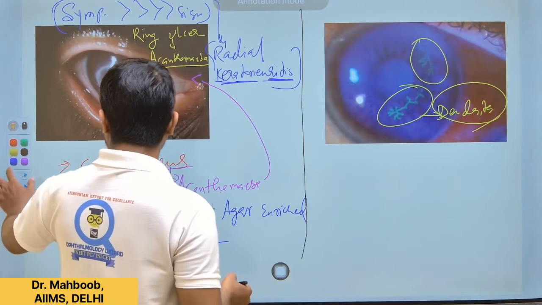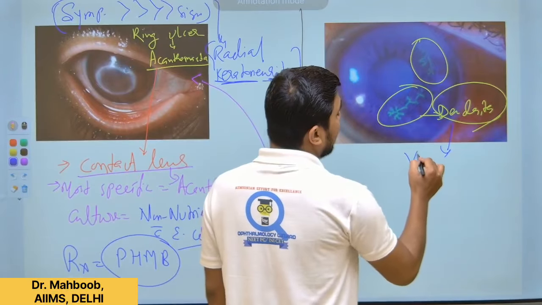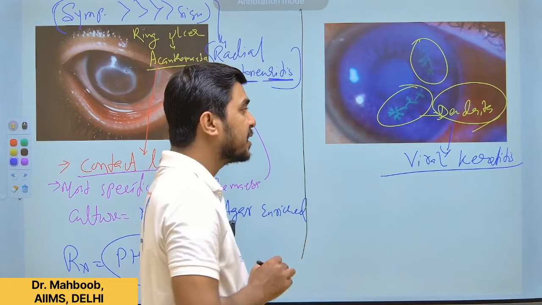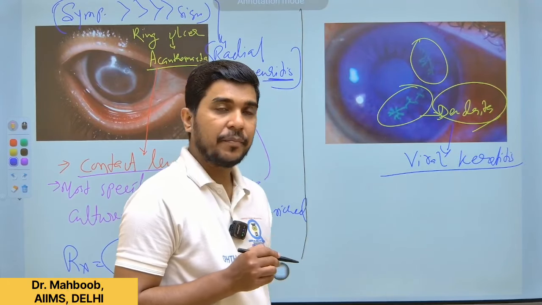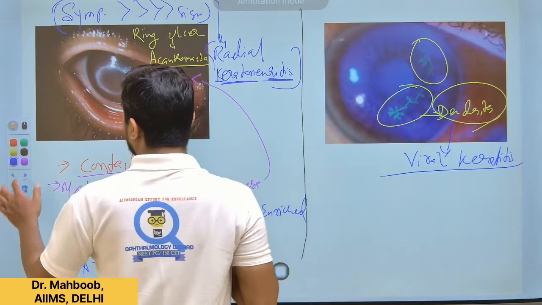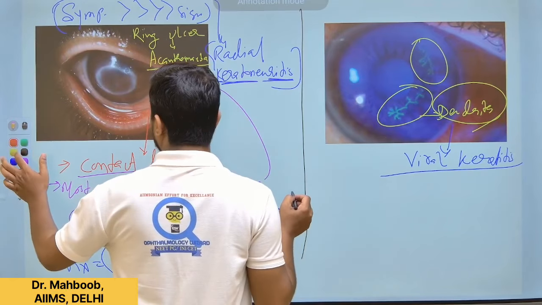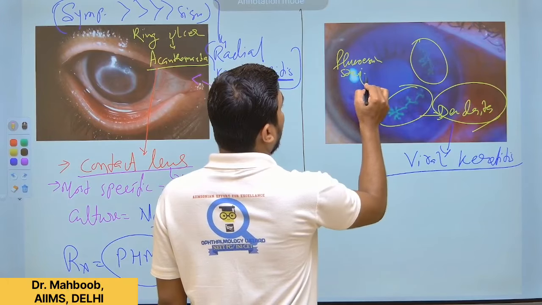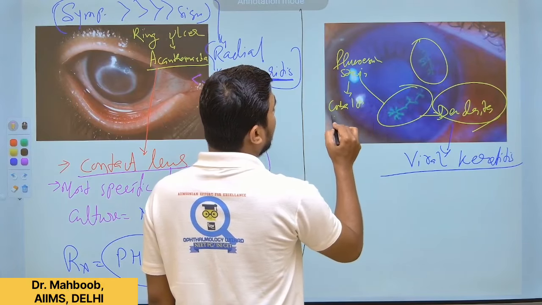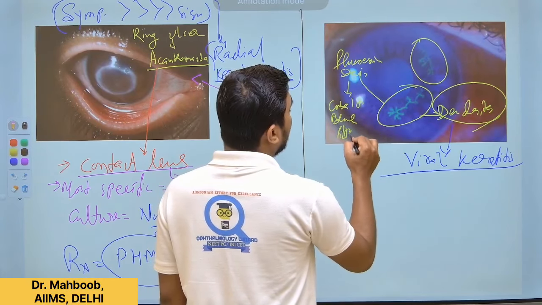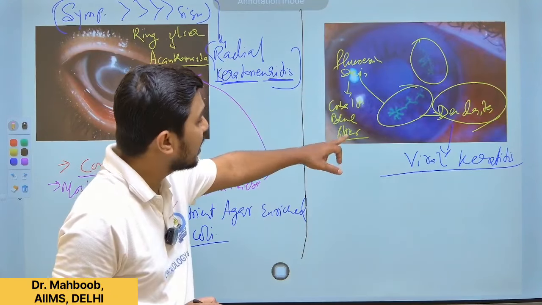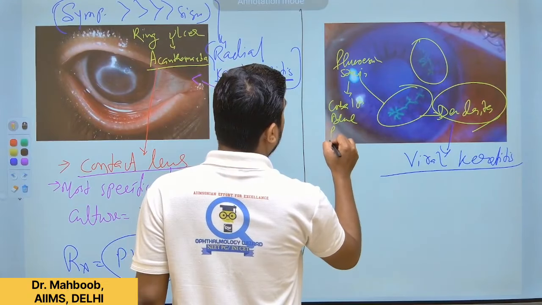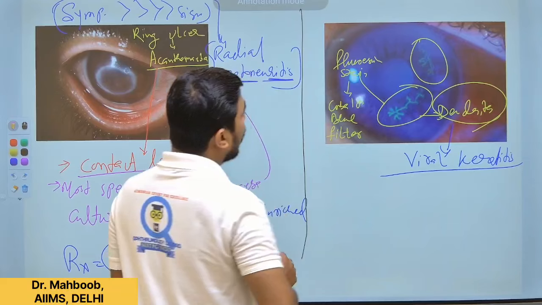And where do you see these dendrites? You see the dendrites in viral keratitis. How have I stained this? To stain this I have used fluorescein stain, and I have seen it with the cobalt blue filter.